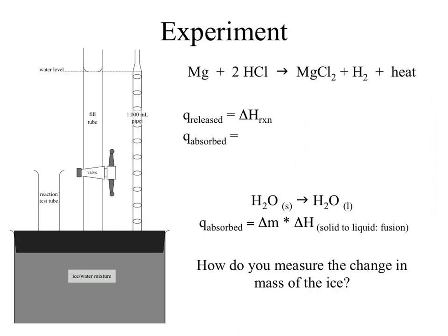Now we'll jump back to the experiment. What we're going to do is take a beaker. We're going to take our reaction mixture. We're going to fill this beaker with ice.